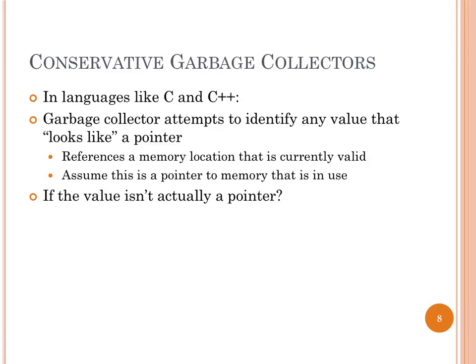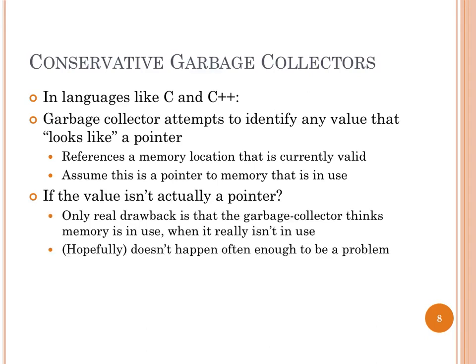Because then the program will access it and probably crash. Or we could decide something is a pointer when it isn't, and we have an allocated chunk of memory that's actually garbage, and we don't reclaim it. Well, the program will continue running in that circumstance. Right? So we have these two circumstances, and one of them is much worse than the other. And so it's okay if we have a situation where the garbage collector doesn't reclaim something that's actually garbage.